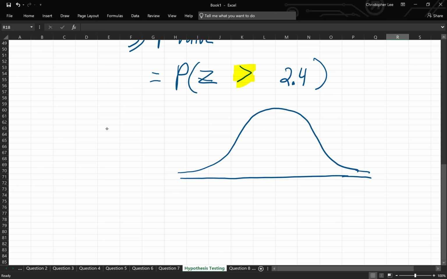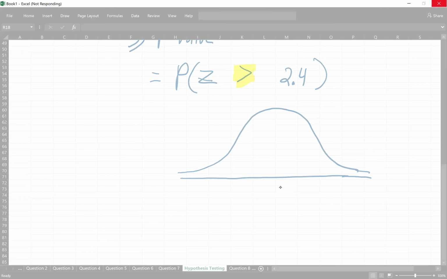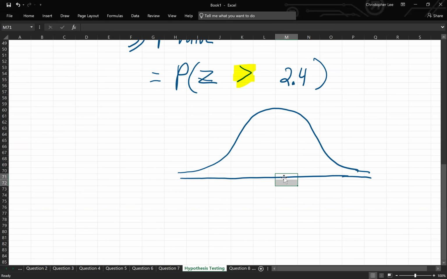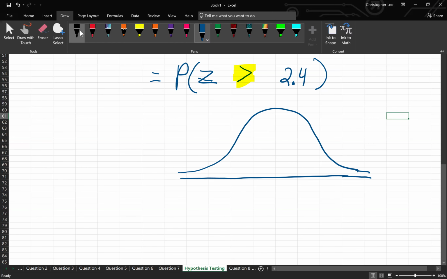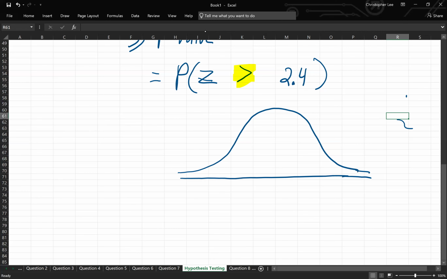This distribution here is what's called a normal distribution. So when we have a normal distribution, our mean is always what? Whenever I have a normal distribution, what's my mean?